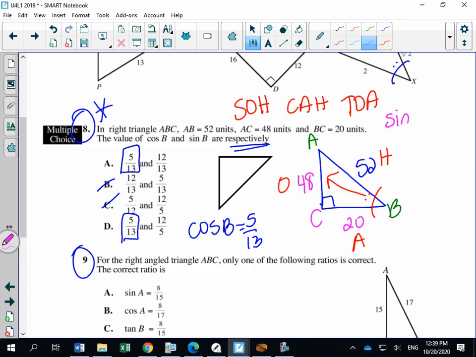Then the sine of B is, sine is O over H, so sine of B would be 48 over 52. Who's got that one reduced? 12 over 13. Kate, what's my answer? A.